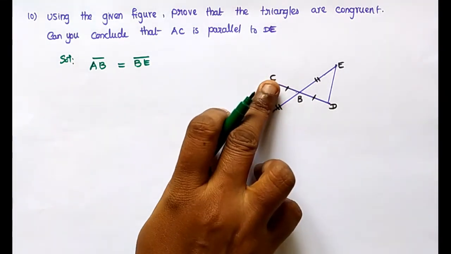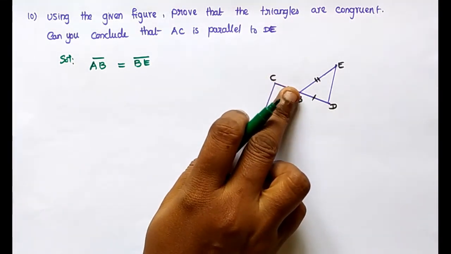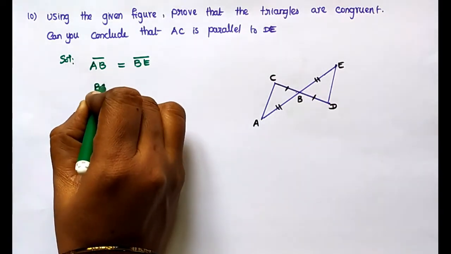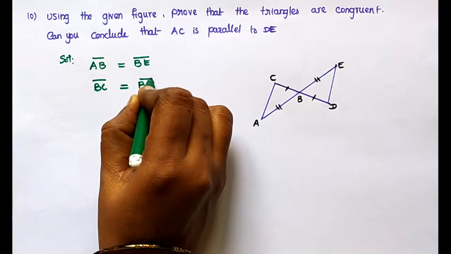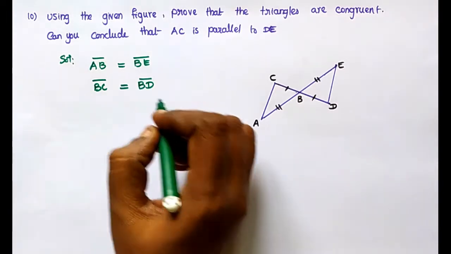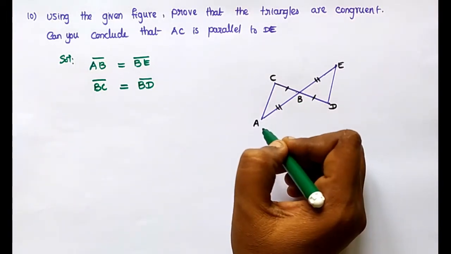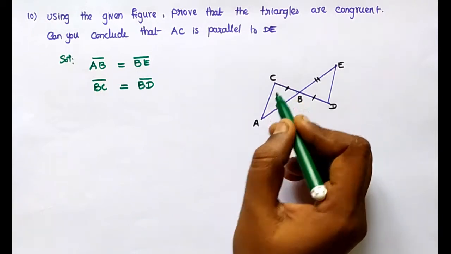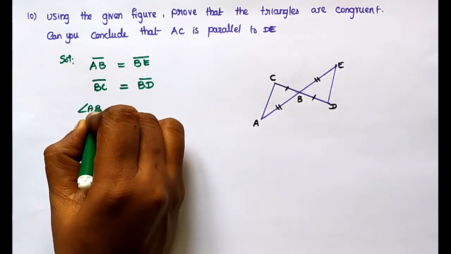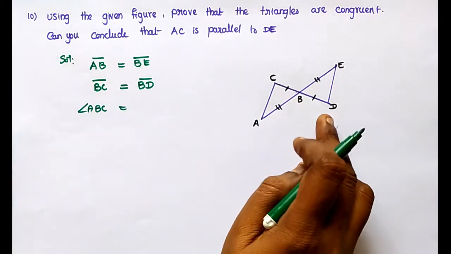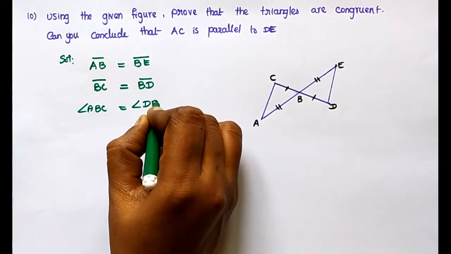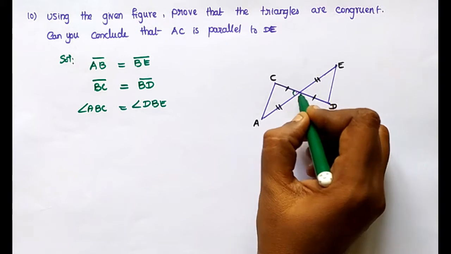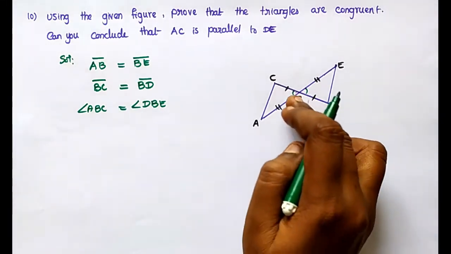Next, side BC equal to side BD. Now angle ABC equal to angle DBE, right? These two angles are equal.